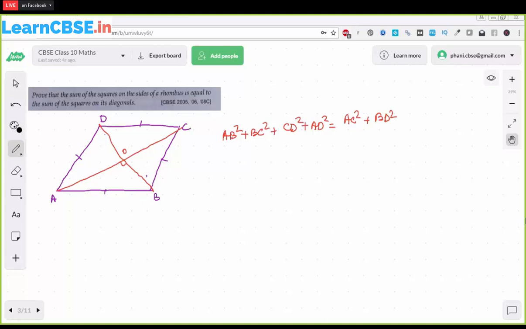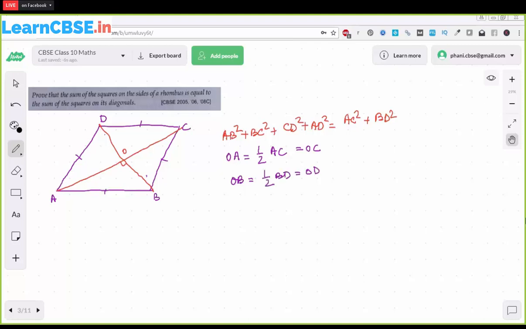Okay. So how can we prove it? We know that diagonals of the rhombus bisect each other at right angle. So we can say that OA equals half of AC equals OC, and OB equals half of BD equals OD.